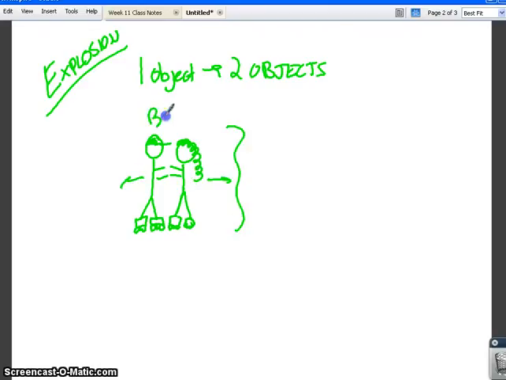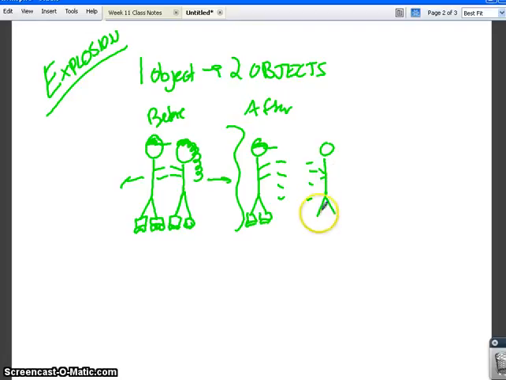So this would be before, and this would be after. They were both not moving, and then now this guy is going to the left, this girl is going to the right.